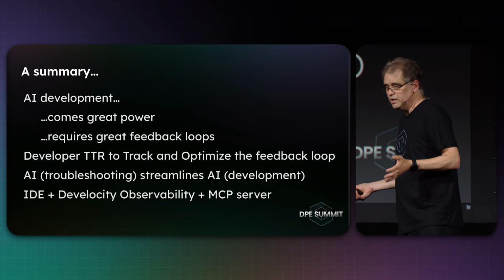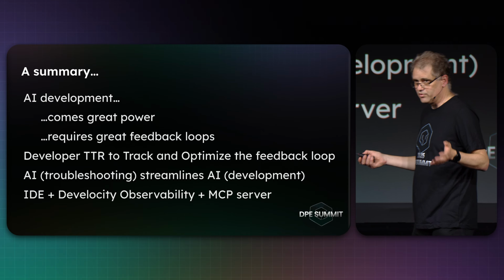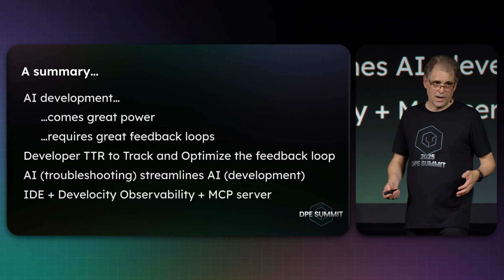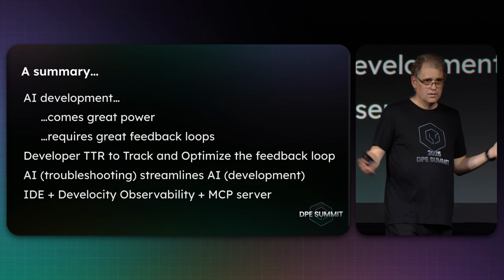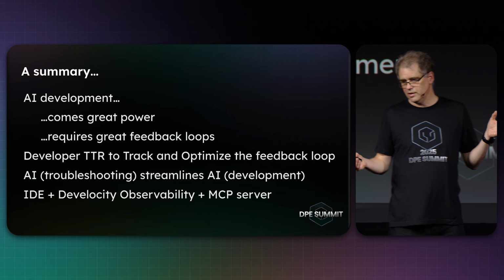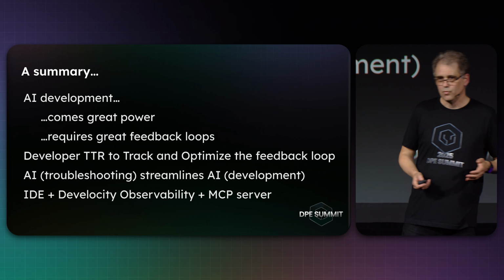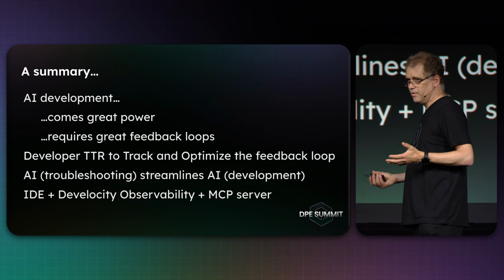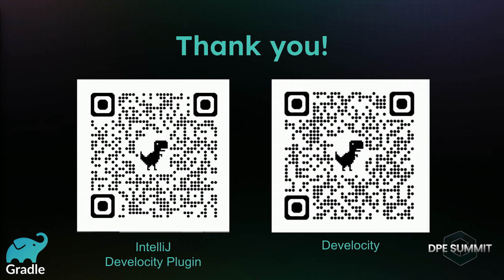AI troubleshooting can streamline and support AI development. And by integrating the IDE, Develocity observability, and MCP server, we can deliver a developer experience that is a lot smoother than before. We cannot wait to see what you're going to be doing with it.